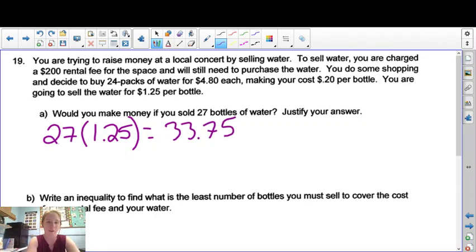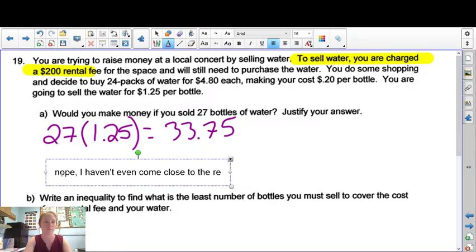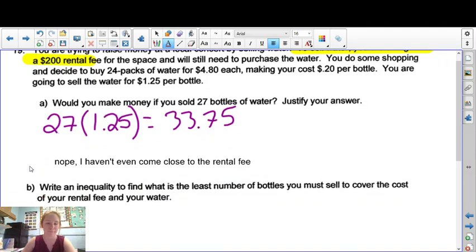Okay, so that sounds like we've made a bunch, but you've got to remember, we're charged $200 in order to have this space. So did I make any money? Nope. I haven't even come close to the rental fee. Nope, didn't make any money.